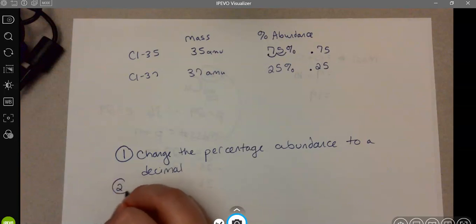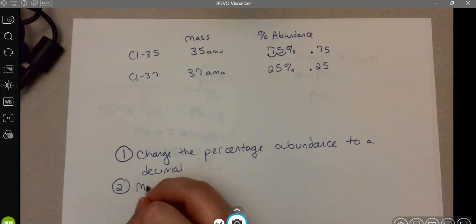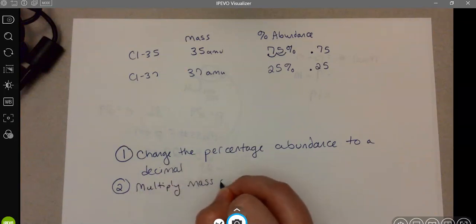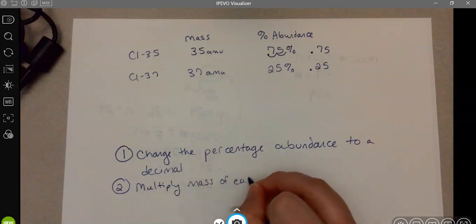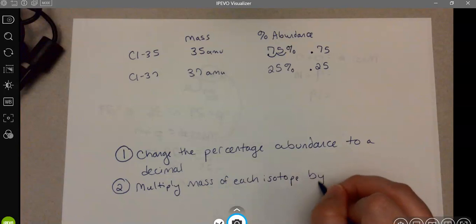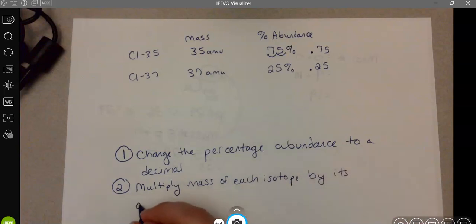Next, I'm going to multiply the mass of each isotope by its abundance as a decimal.